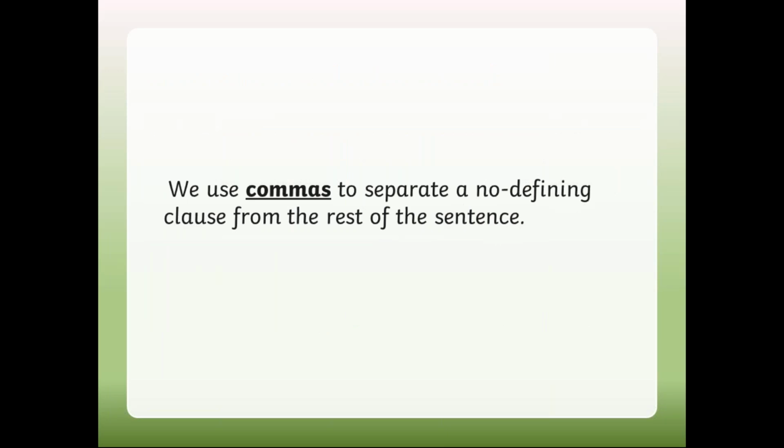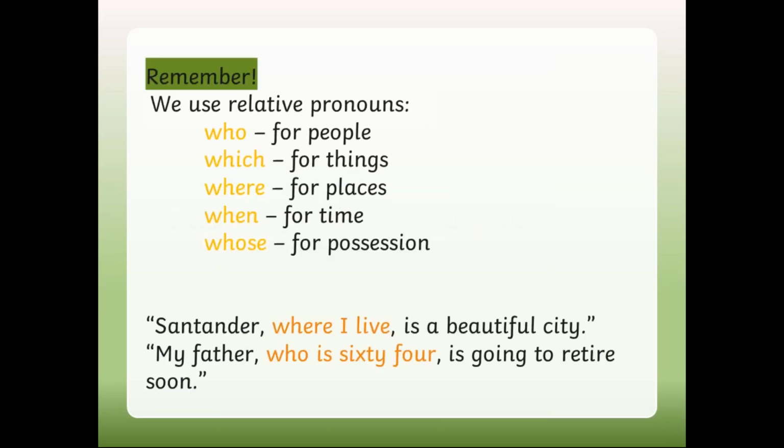We use commas to separate a non-defining clause from the rest of the sentence. For example, Santander, comma, where I live, comma again, because it's non-essential, additional information, is a beautiful city. My father, who is 64, this one is additional information, is going to retire soon.